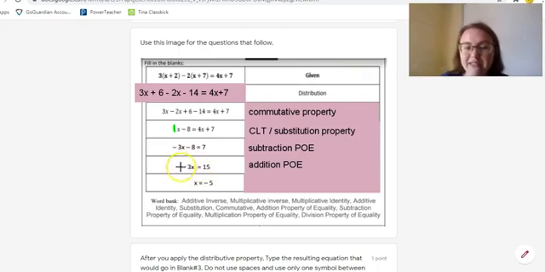If I were solving, this is just a one-step equation. This negative 3 is multiplying the x. So if I wanted to cancel that out, if I wanted to solve for x, I would have to divide. So this is the division property of equality. Okay? So I hope that helped.